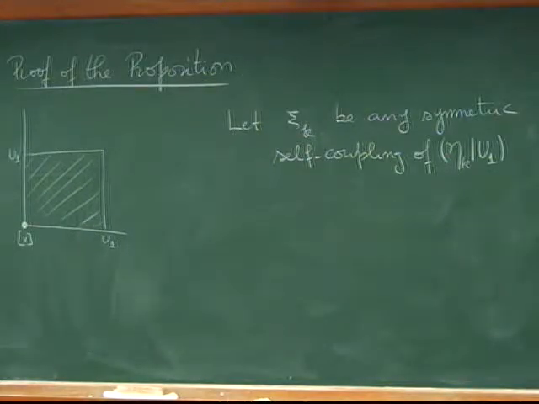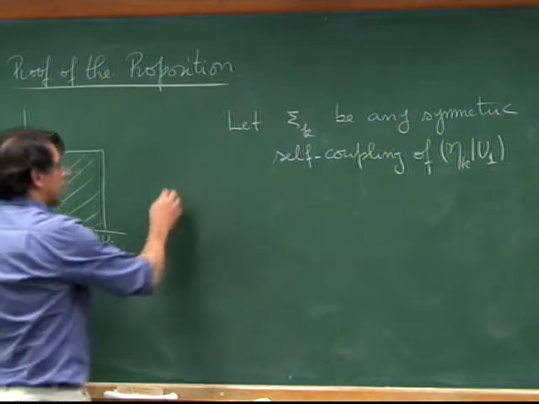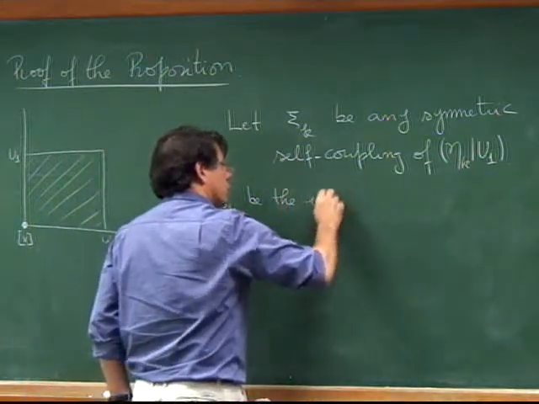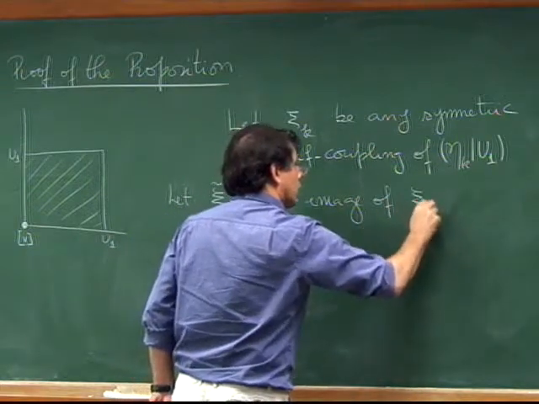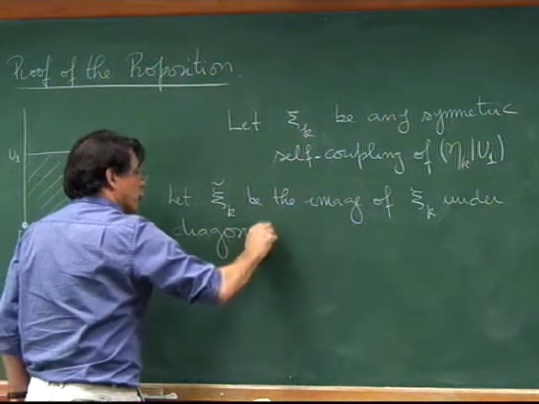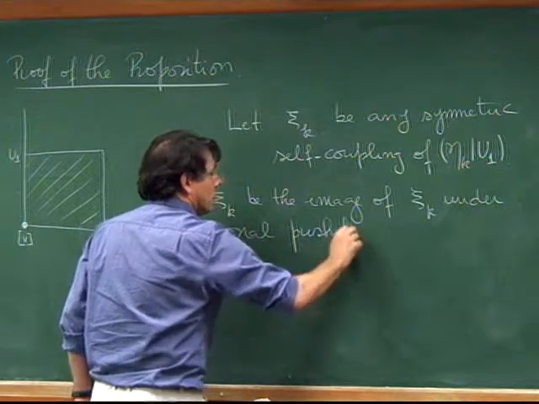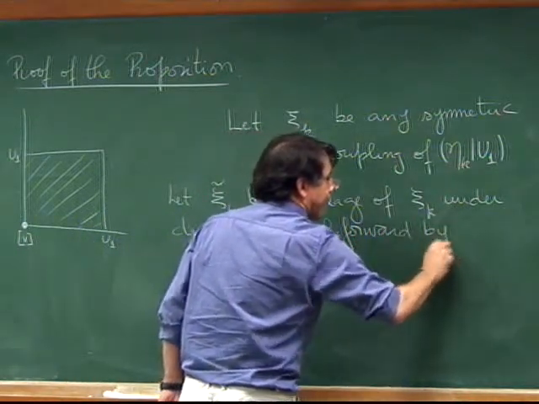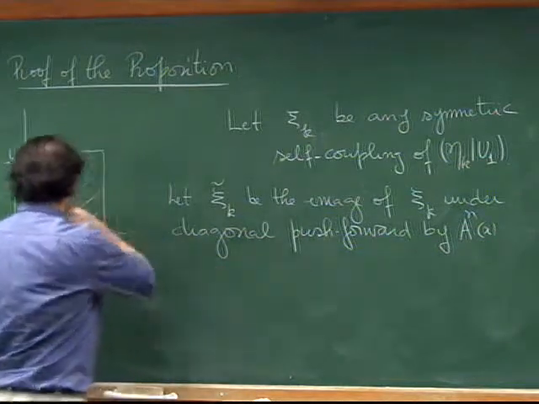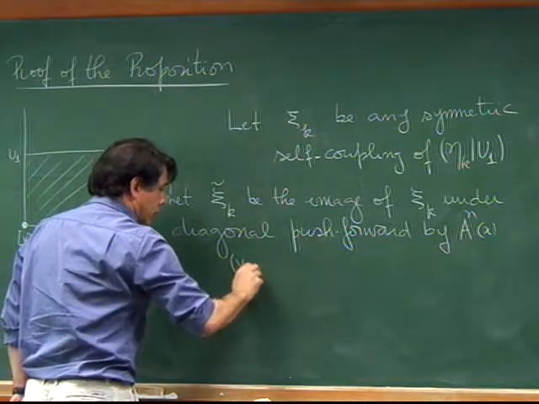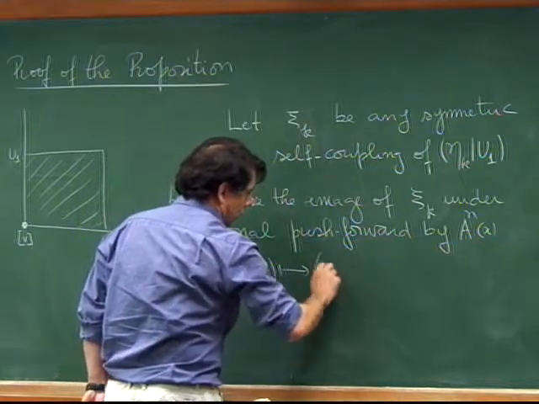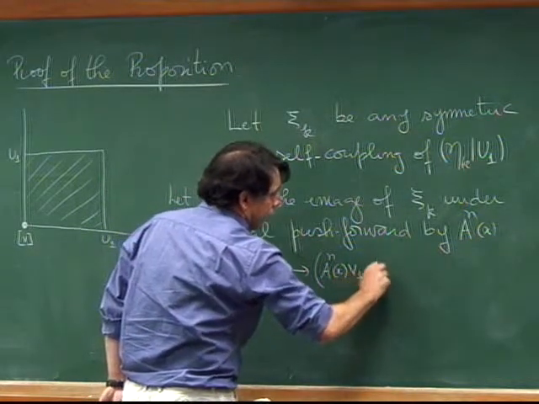So the first step is to let the dynamics help you. So let C k twiddle be the image of C k under the diagonal push forward by A n x. The diagonal push forward is the map in this product that sends v1, v2 to A n x v1, A n x v2.